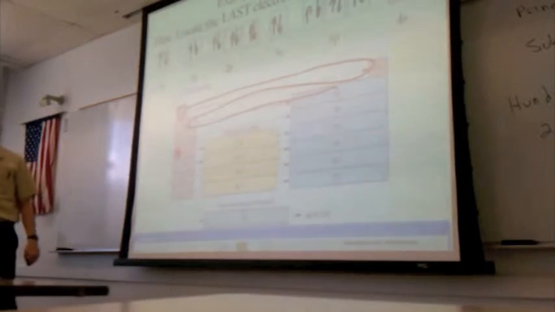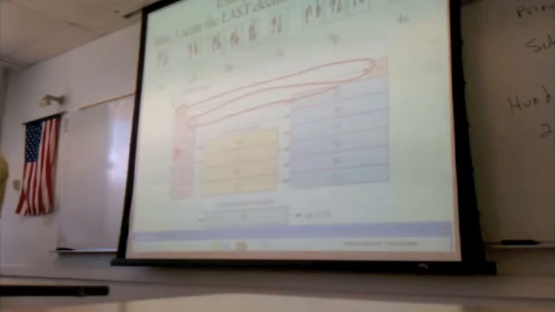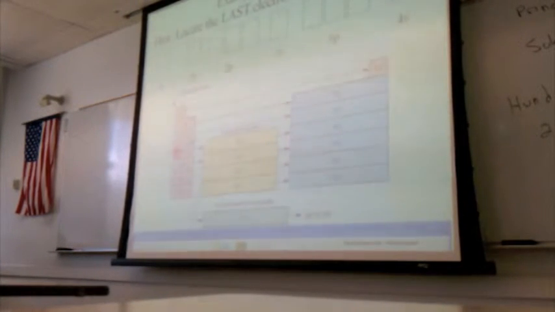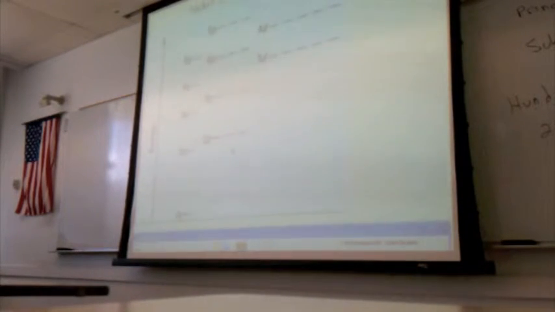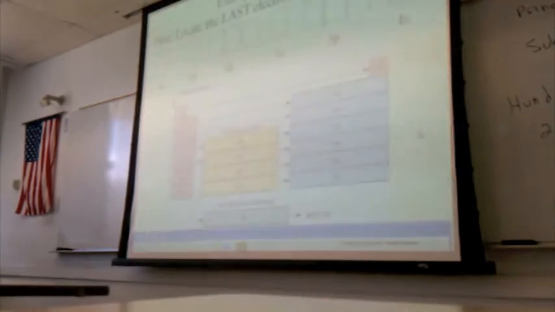How'd you get argon out of that? Well, the previous noble gas, argon, has how many electrons? 18, right? If you look at argon, 18 electrons.